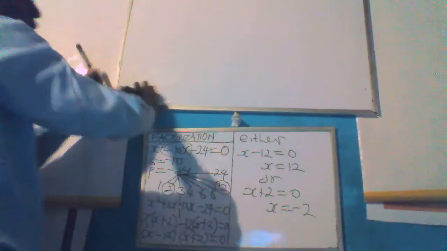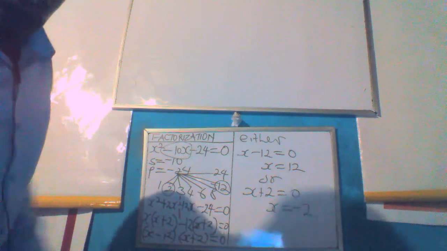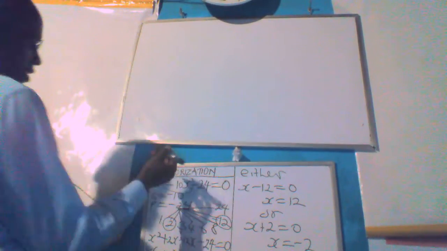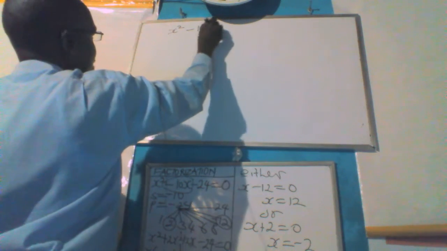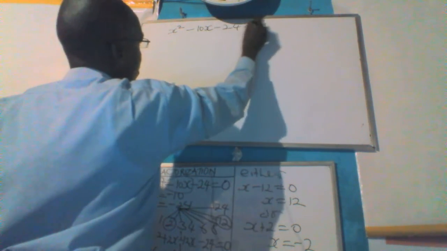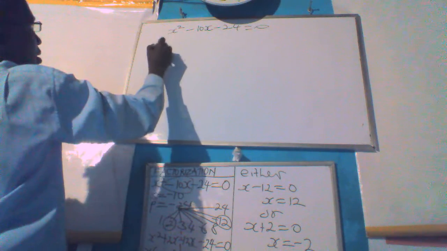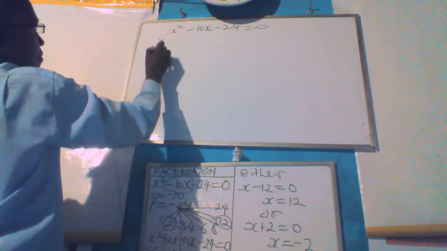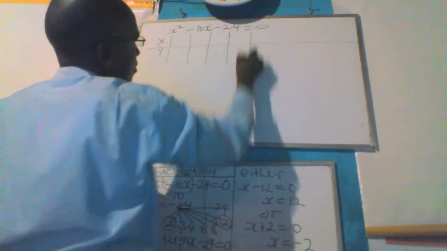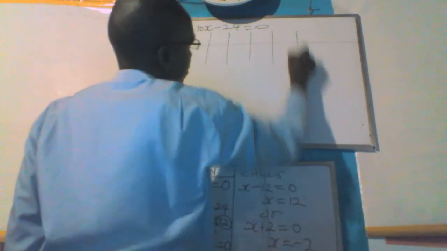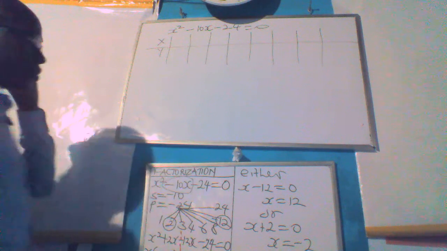For the graphical method, we will be required to obtain the values of x and y. In this respect, the equation is x squared minus 10x minus 24 is 0. So you introduce the table of values x and y, and this table should have at least 5 and at most 7 terms, though it is not limited to that.